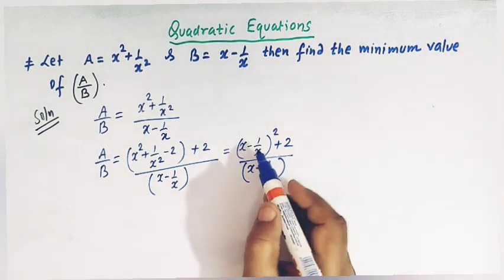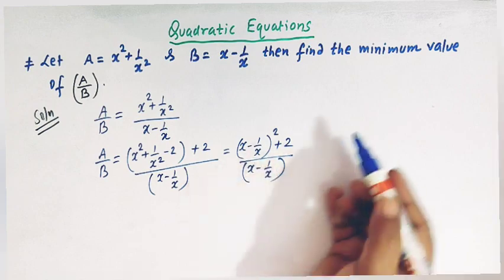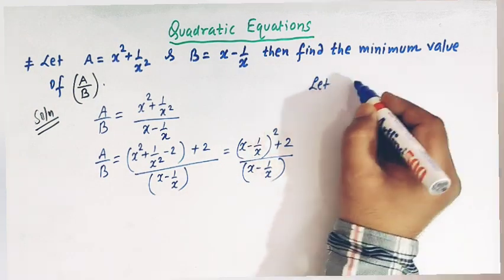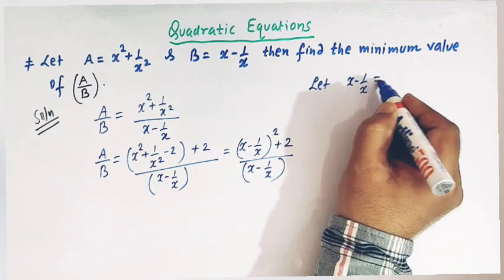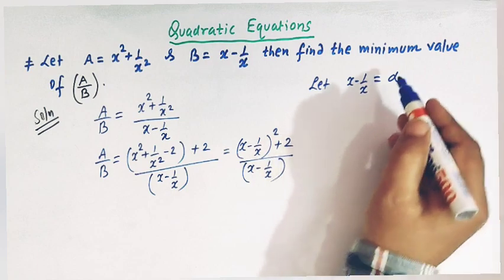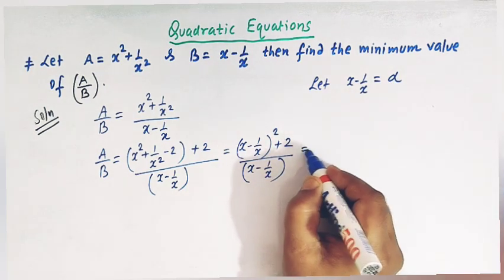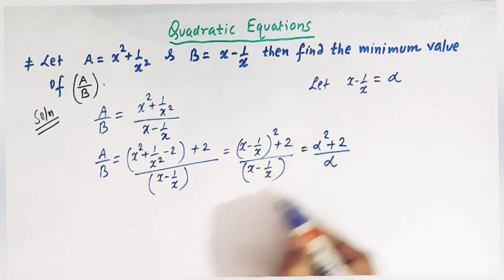Okay, now see, here we have a common term, that is x minus 1 over x. So let us take this term, x minus 1 over x, as alpha. Now in terms of alpha, this becomes alpha square plus 2 divided by alpha.